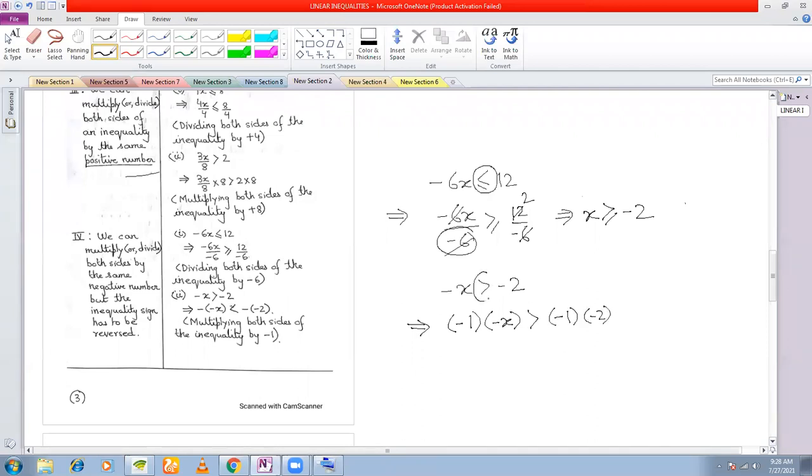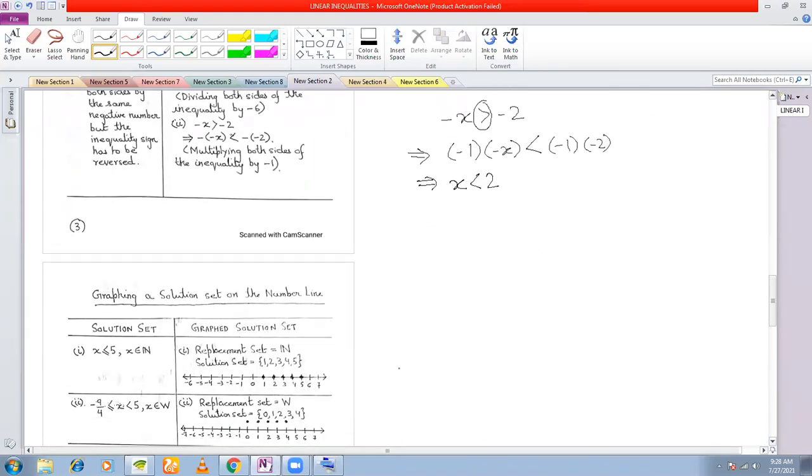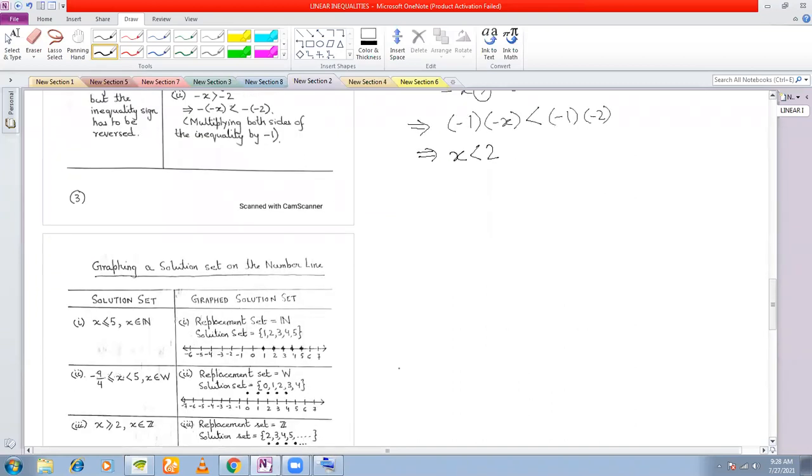But see this inequality sign, because I'm multiplying both sides by a negative number, this will no longer be a greater than sign. This sign will change to a less than sign. So that now I get x less than 2. These were the 4 main rules.